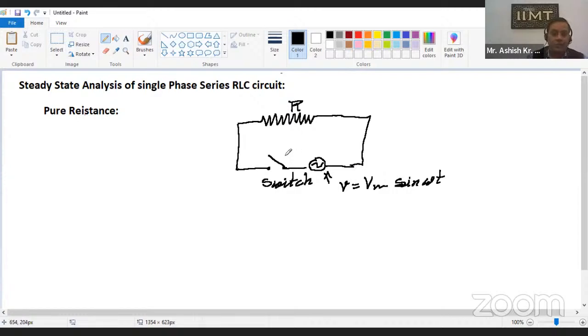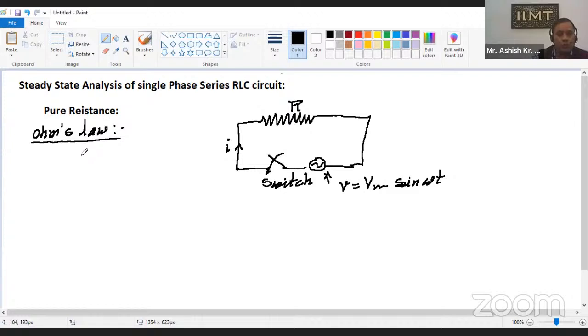When this switch is closed, at that instant, this non-inductive resistance draws an instantaneous current I, whose value depends on the instantaneous voltage V. According to Ohm's law, when a potential difference is applied across the ends of a conductor, a current starts flowing through it, and the current is directly proportional to the potential difference applied.